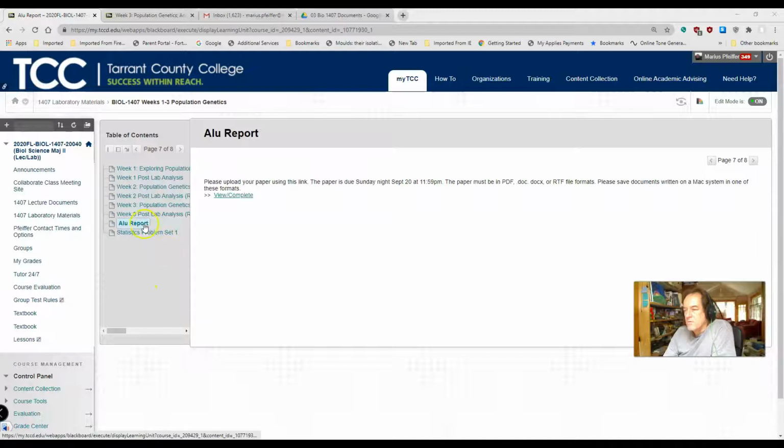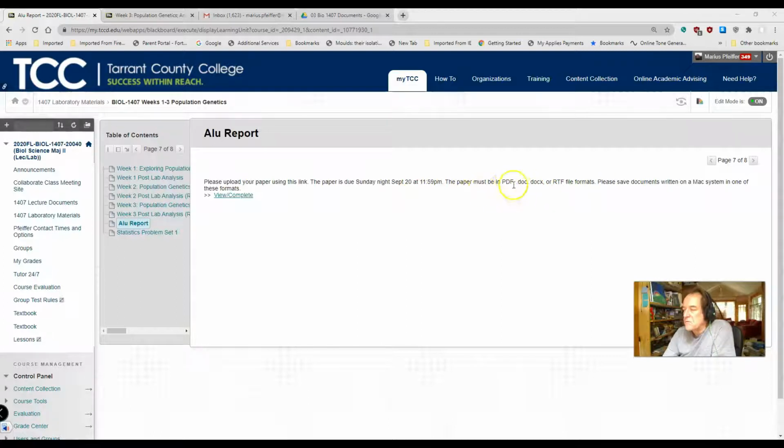In Blackboard, when you want to upload the ALU report, go ahead and go. It's in here in your table of contents, the ALU report. Go ahead and click on that. Go in here. You're going to complete it. Please note these rules. The paper has got to be in a PDF or a doc or a docx or an RTF, something that a PC can read. If you're using a Mac, please remember to save specifically in one of these formats.